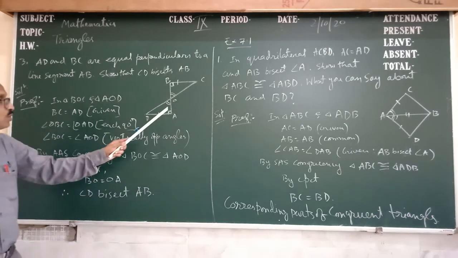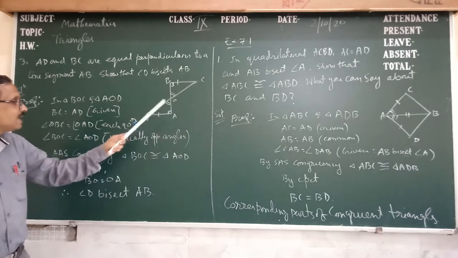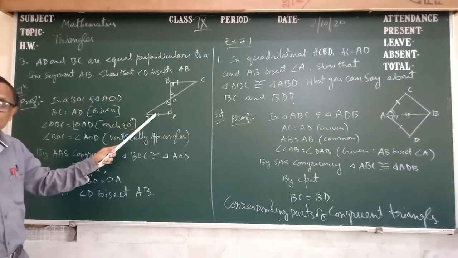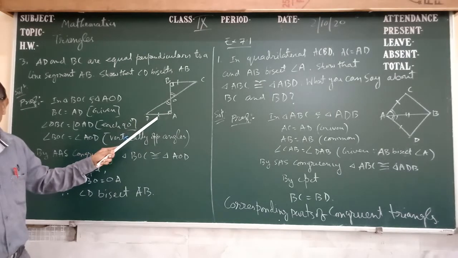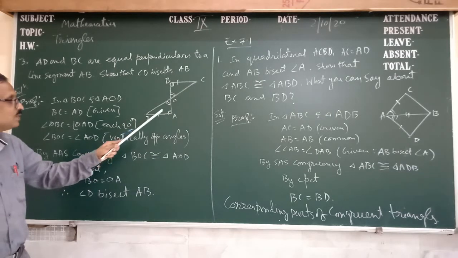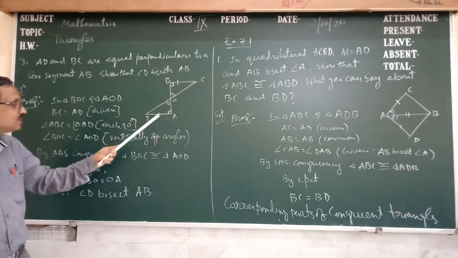So vertically opposite angles. Then what is the property? Now look, you consider this angle and this side. This is not the included side. If it is the included side, then it is angle side angle. But here it is angle angle side, because this is not the included side. What is the included side here? AO is the included side. But we have considered which side?